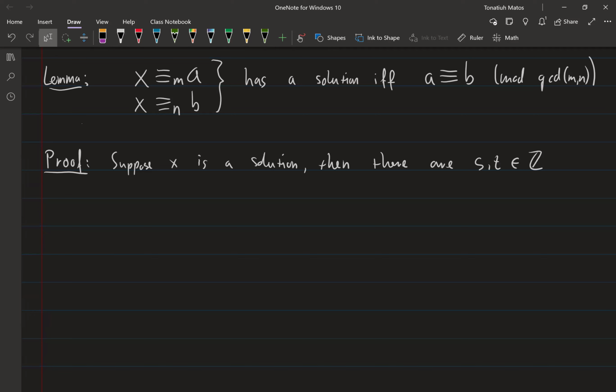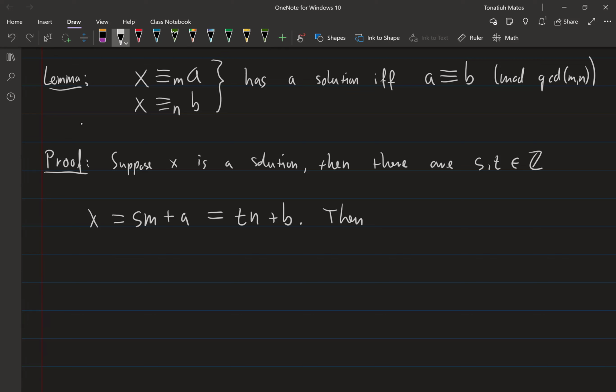In problem set 2, you proved that two things are congruent if and only if a bunch of equivalent things. So the one I care about now is this one, right? So x is some multiple of m plus a, and it is also, at the same time, some multiple of n plus b, because it is congruent to a mod m and congruent to b mod n, right? So I find the coefficients that make this work, and I have this situation going on here.